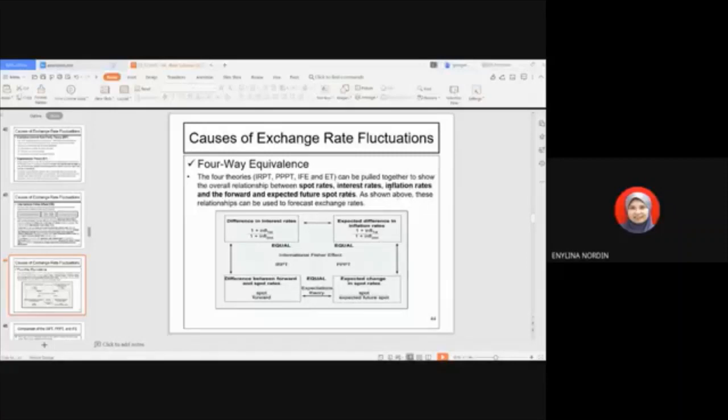All right, so this is shown in the following diagram here. Okay, so very complicated actually, right? In other words, the four-way equivalent is describing the interaction between the key financial variables such as interest rate, inflation rate, as mentioned here, the forward and expected future spot rate.